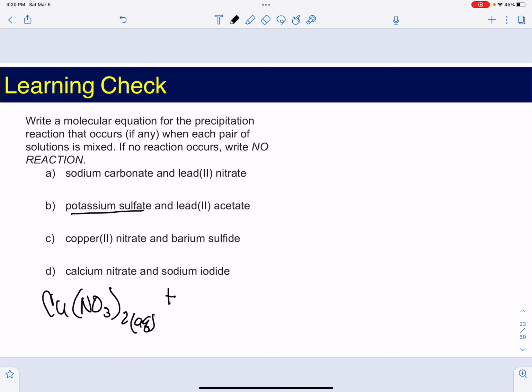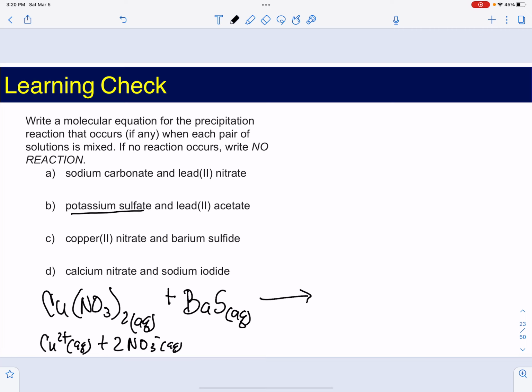And this is combining with barium sulfide, which I know is soluble, so therefore aqueous. And when they combine, I'm going to have copper 2 plus aqueous. So I need to break it into the ions to be able to see it. Plus 2 nitrates, aqueous, plus 1 barium 2 plus, aqueous, is in group 2, right?